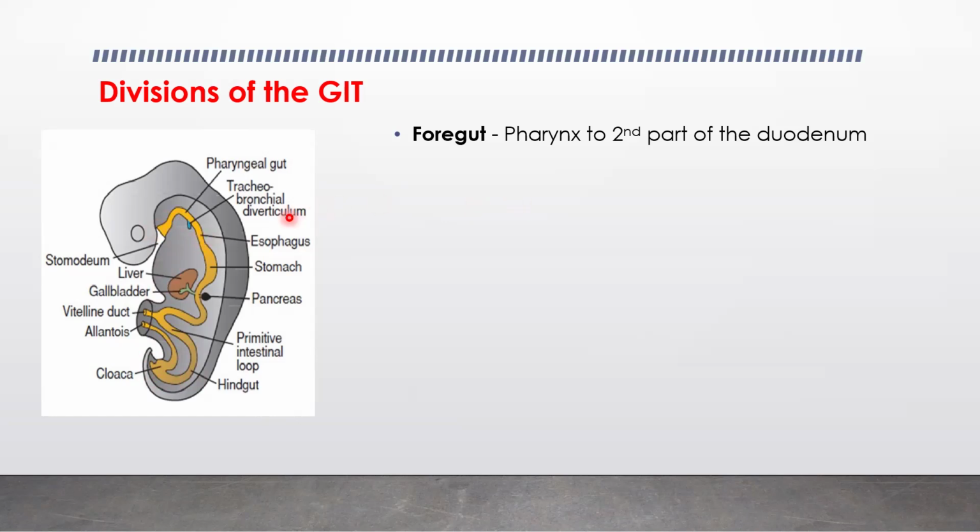So the foregut develops from the pharynx. Remember, this is the pharynx, the developing pharynx. So the pharyngeal apparatus, the 6 of them, will be developing on either side of this pharyngeal tube. That means the neural crest cells already migrated there.